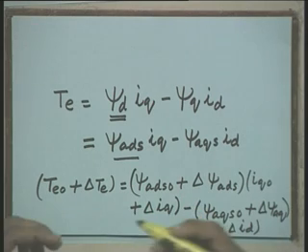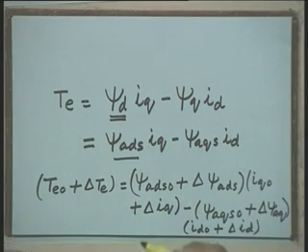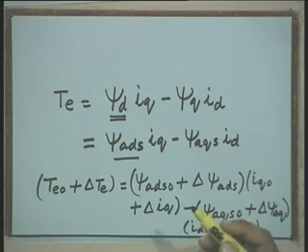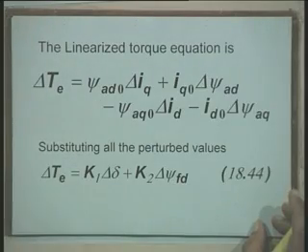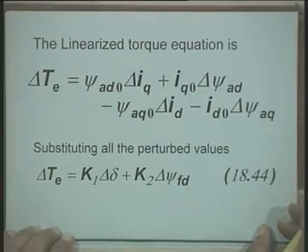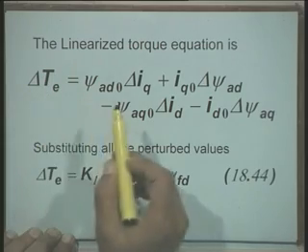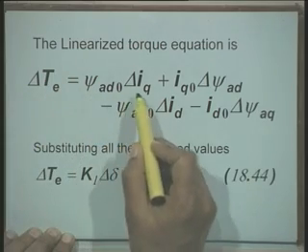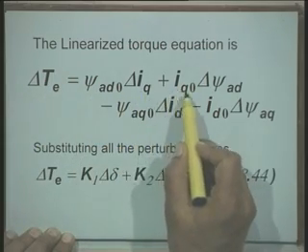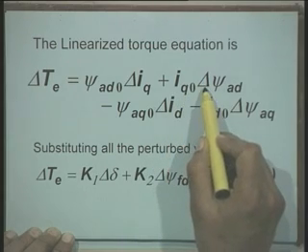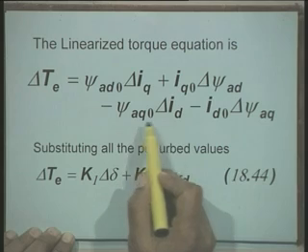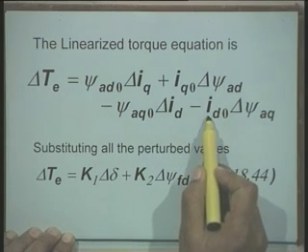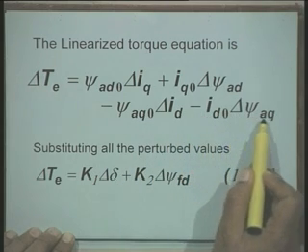These two incremental changes, when multiplied, will give a very small quantity which can be neglected. Now, when you do this exercise, ultimately you can write down delta TE equal to psi AD0 delta IQ plus IQ0 delta psi AD minus psi AQ0 delta ID minus ID0 delta psi AQ.